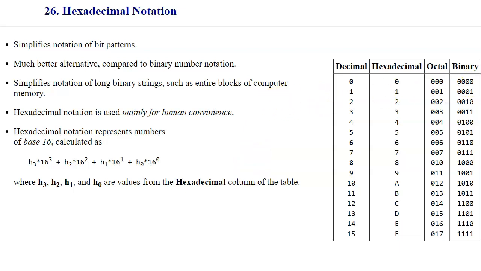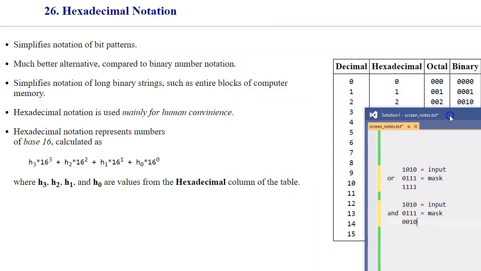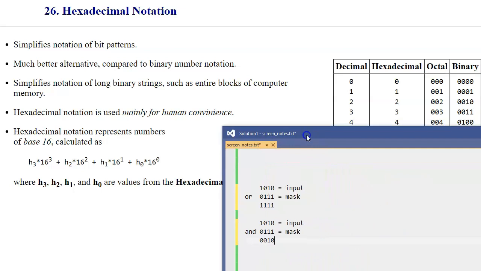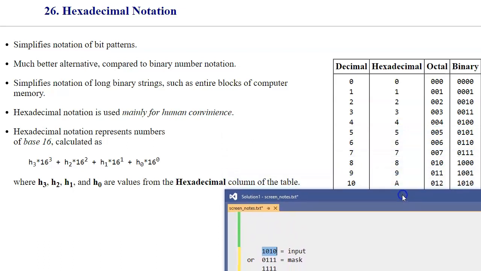Once again, moving back to the examples that we used in computing our masks, you can see that a value such as 1010 can be written as a hexadecimal value. 1010 right here would be hexadecimal digit A. Let's use a little x prefix right now.